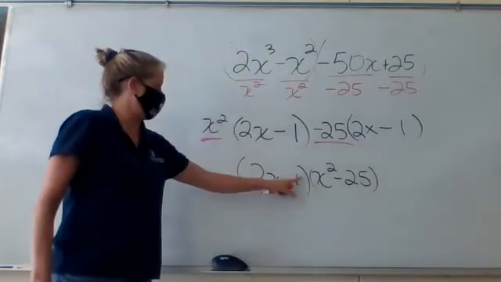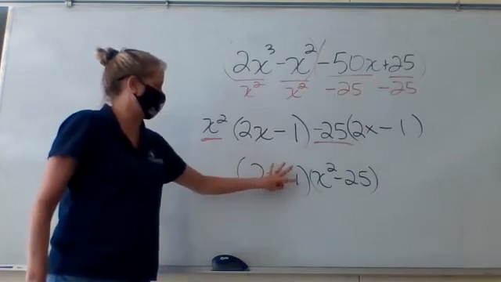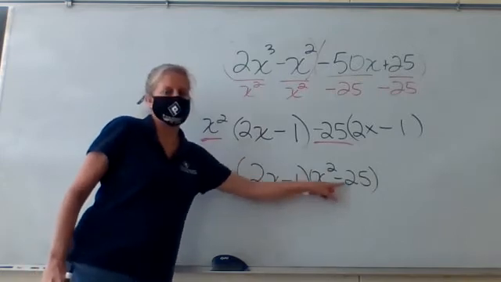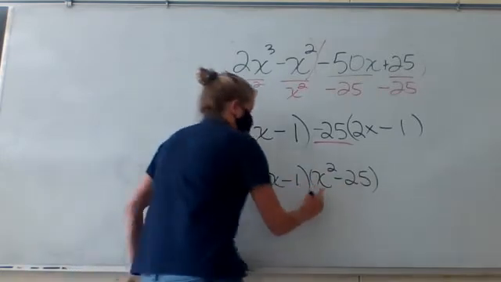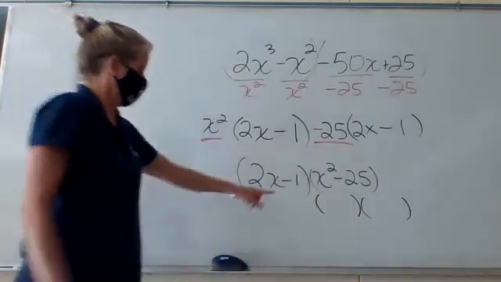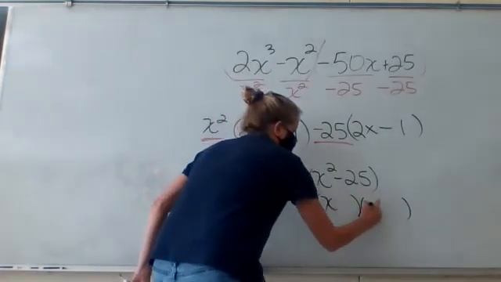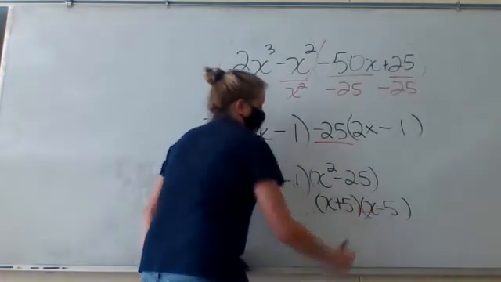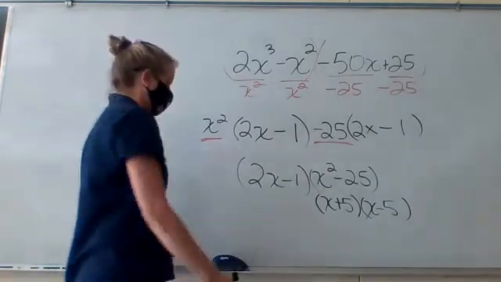So this one's done. I don't have any exponents inside this factor, so that one's good. But what about this one? Again, perfect squares. So I need to factor this one some more. x and x for x squared. 5 and 5 for 25. One's a positive, one's a negative.